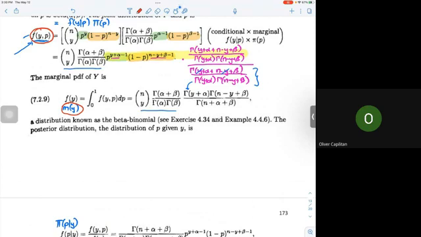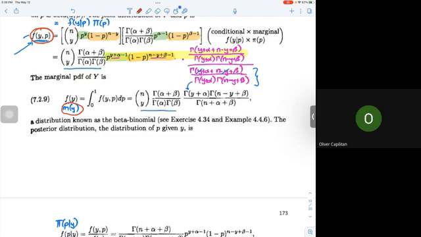Do not look at this quantity equal to 1, this pink expression there. So the combination of n taken y will cancel out, obviously. Gamma of alpha plus beta will cancel.